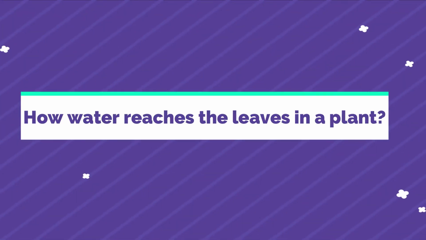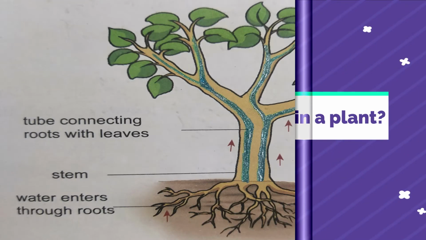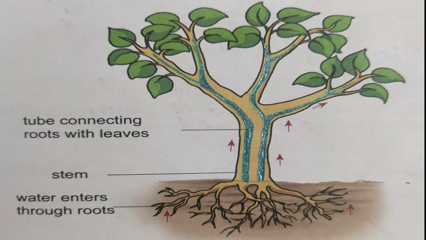And how does water reach the leaves in a plant? Water is absorbed by the roots of a plant through the soil and reaches the leaves of the plant through hundreds of thin tubes which are present in the stem and branches of the plant.